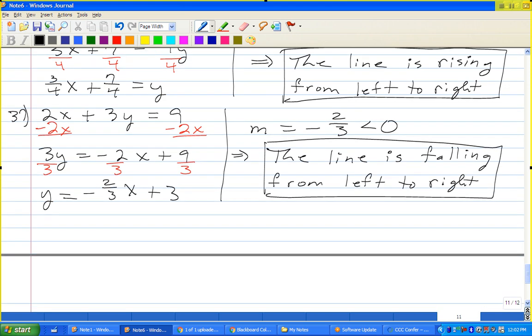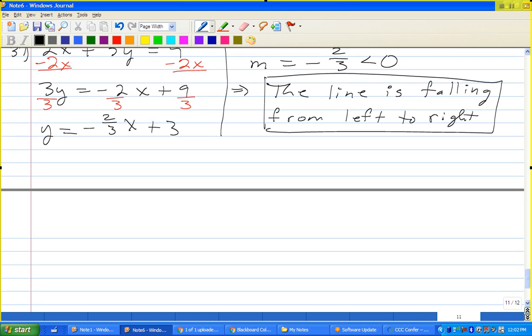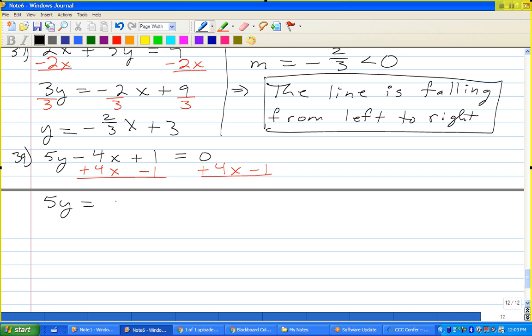Let me do problem 39. 5y minus 4x plus 1 equals 0. So add 4x, subtract 1 from both sides of your equation. So I have 5y is equal to 4x minus 1.